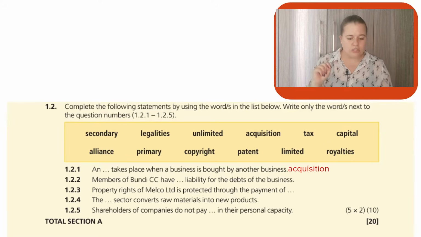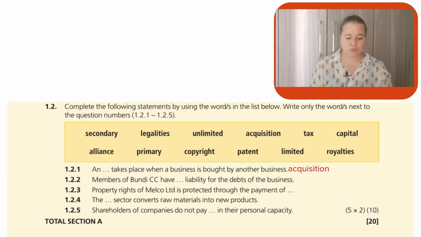Then just note, it says alliance, one of the words. Now remember, when we have an alliance, we are merely working together. In no way am I owning your business. In no way am I buying your business. So just be careful. With most of these questions, they've got one that's like the same but different. So just be careful and look out for that with these types of questions.